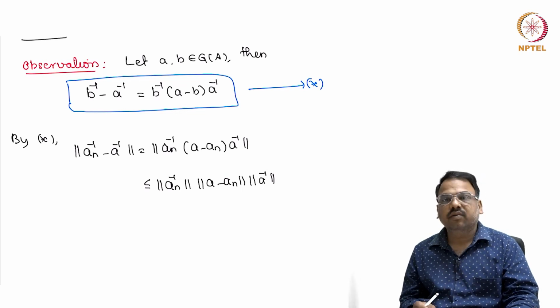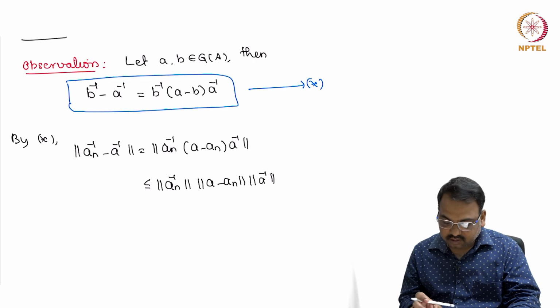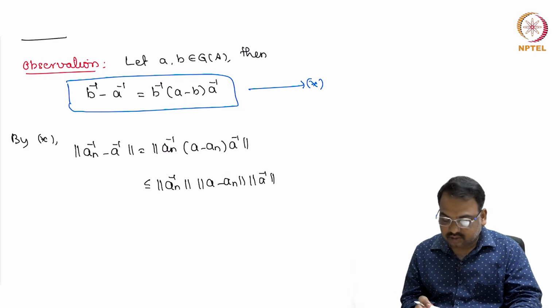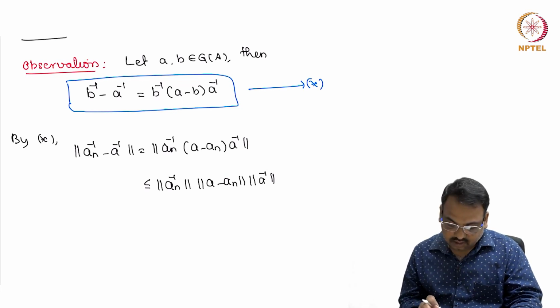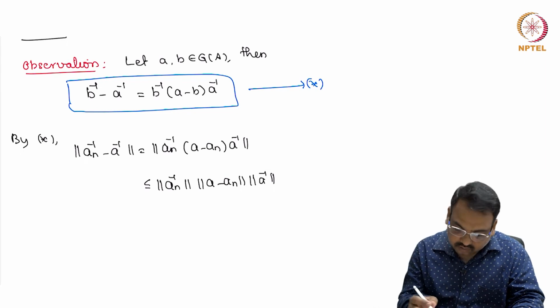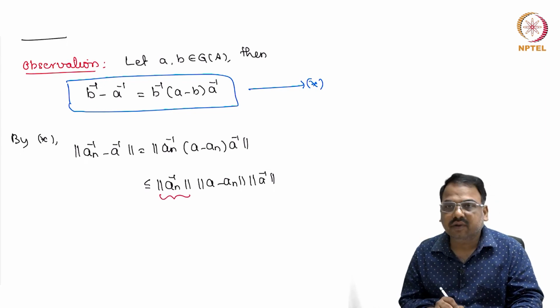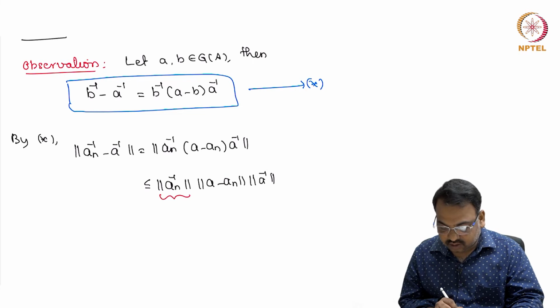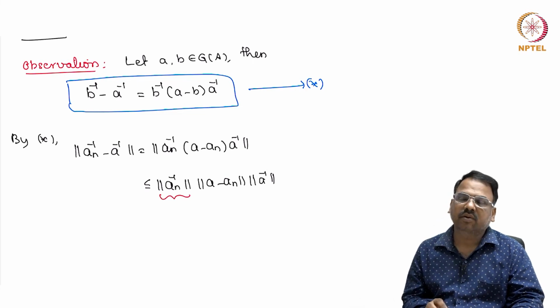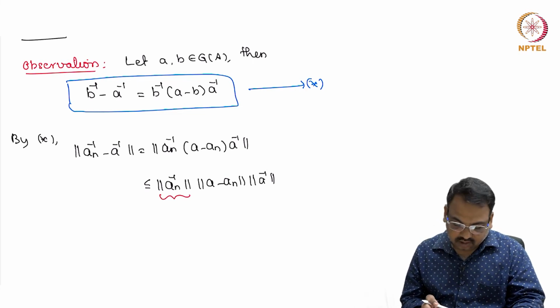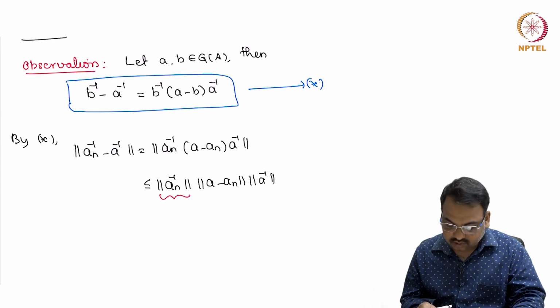We know that A_n converges to A, so on the right hand side norm of A minus A_n goes to 0. Norm of A inverse is a constant, and we don't know anything about the first term, it varies with n. So if we are able to show that this term is uniformly bounded by a constant, we can conclude that A_n inverse converges to A inverse.